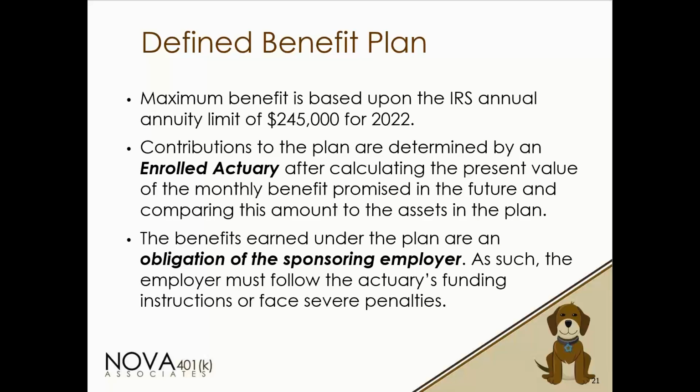An enrolled actuary certifies the present value of the benefits and determines what the required contributions are. So the administration cost does go up marginally over a DC plan, just because we do have to have an enrolled actuary involved in signing off on these things. And the benefits under the plan are an obligation of the employer, not of the participant themselves.